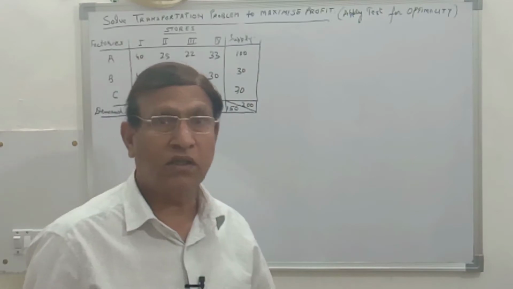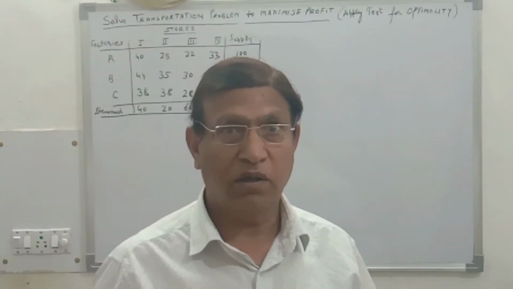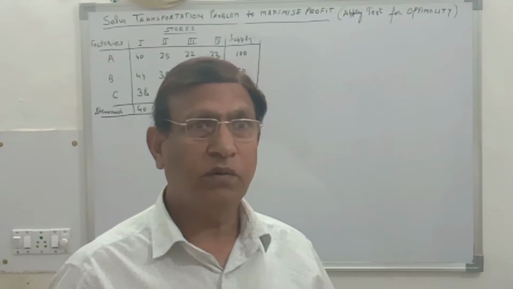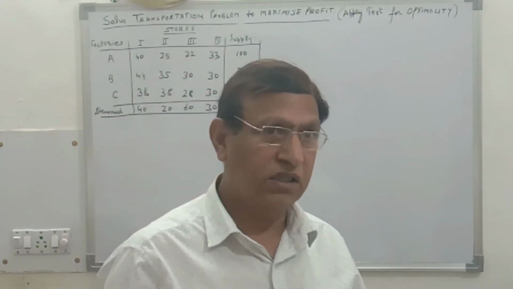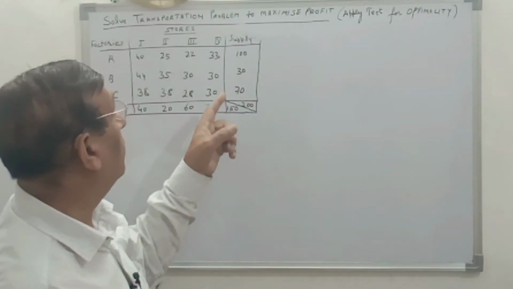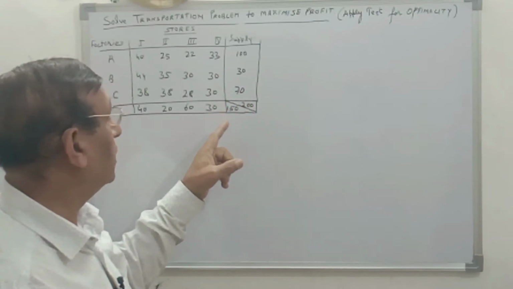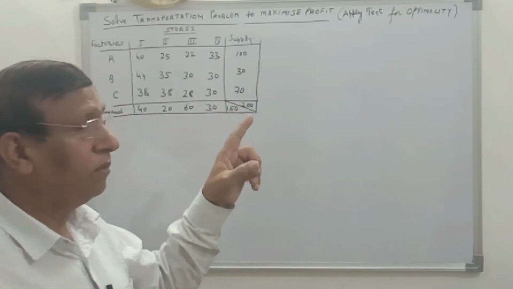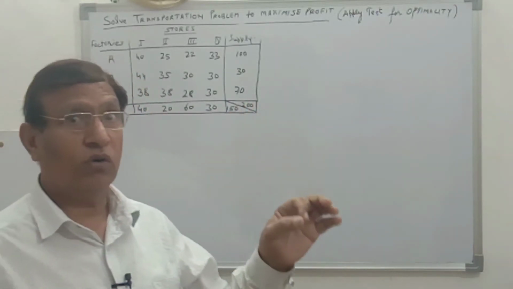We know that the transportation problem is for minimization, number one. The problem should be of minimization of cost, time or distance. But when the transportation problem is a maximization problem, then we have to convert it into minimization, or convert the problem into opportunity cost.